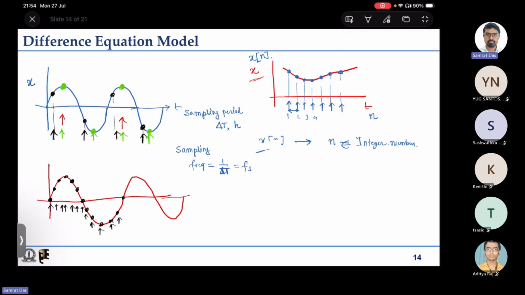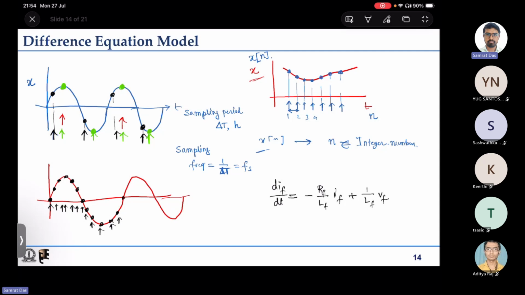Here I will focus on only one equation. So let us say I have the field equation. The same thing will be valid for other equations also. This is the field circuit equation.